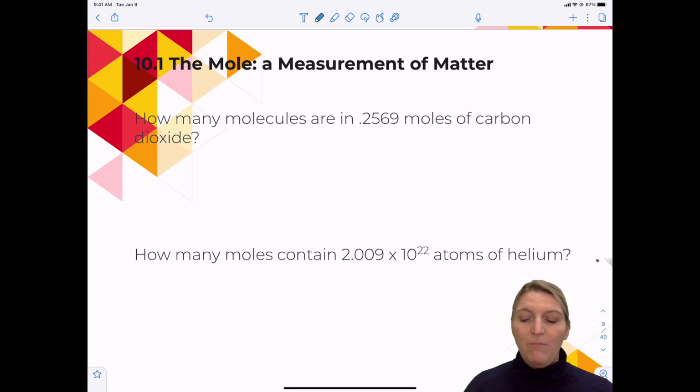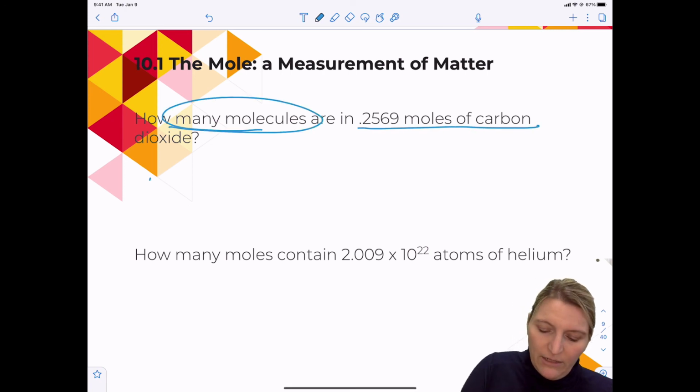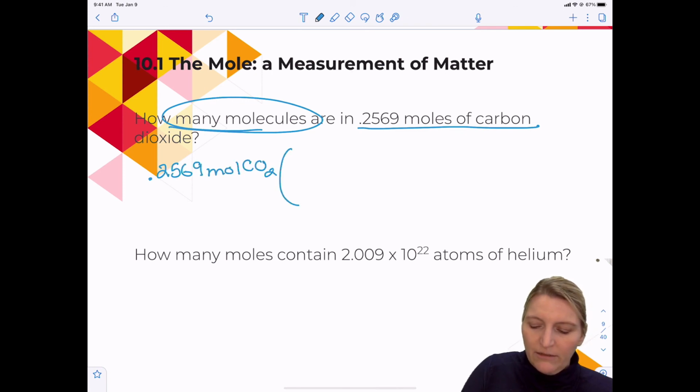The next question, how many molecules are in 0.2569 moles of carbon dioxide? Underline the clue, circle the do. We're looking for molecules. Take the number that's given to me, 0.2569 moles of carbon dioxide, 1 mole on the bottom.